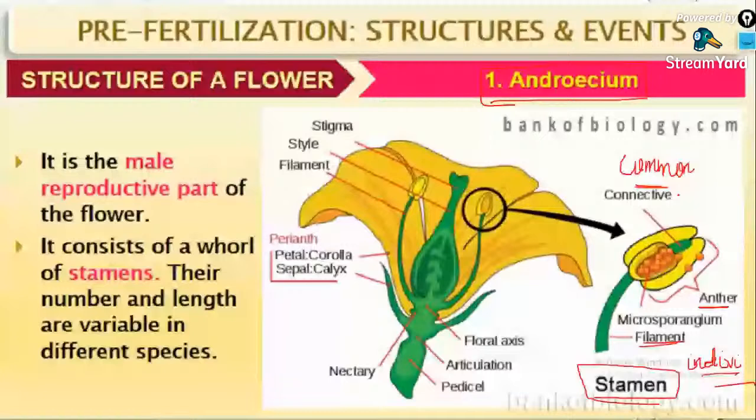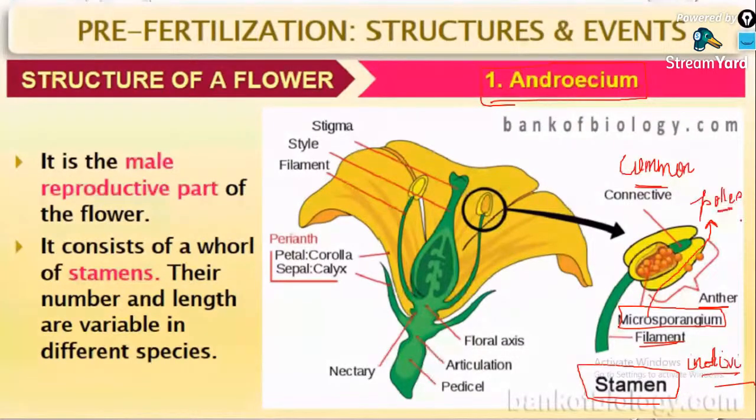That is, the Androecium consists of individual units called stamens. The stamens consist of two main parts, anther and filament. Inside the anther, you will have the microsporangium, and this microsporangium bears the male gametophyte, that is the pollen grain.